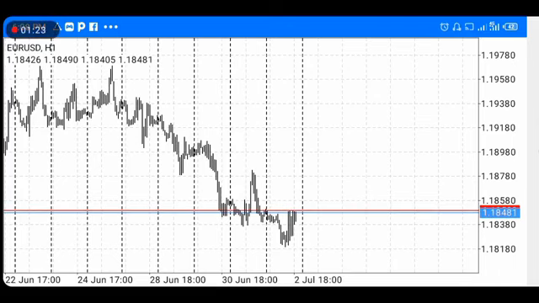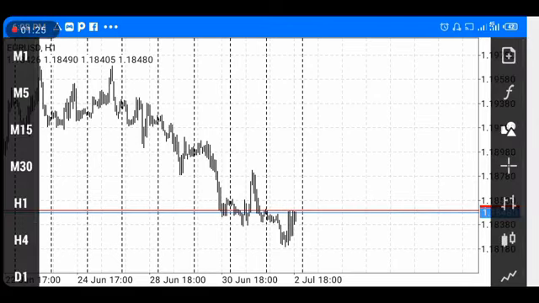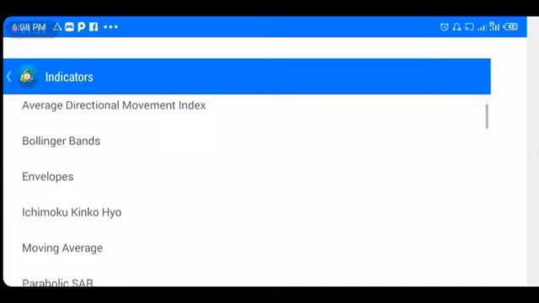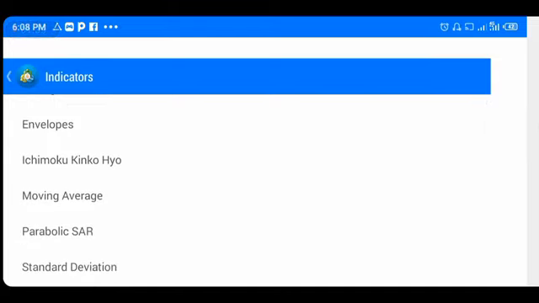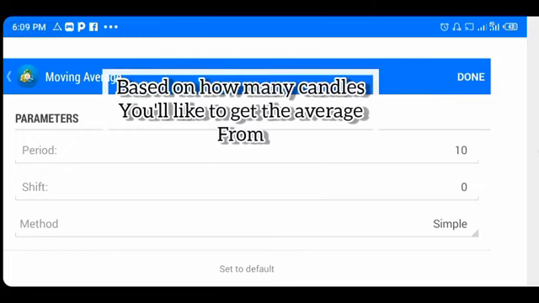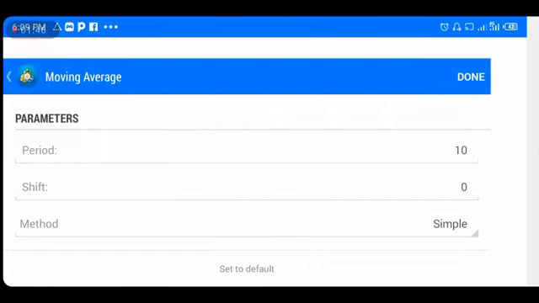So first of all, you're going to tap on your screen. When you tap on your screen, you're going to click on this F sign over here. Then you're going to see where the moving average is. You click on moving average, you set it, you understand, based on how many candles you want it to show you the average of. So I would like 20.